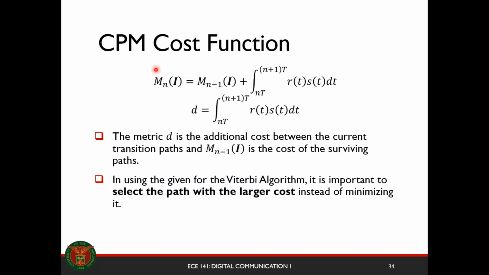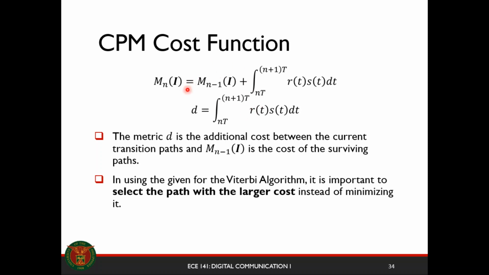The current value of the cost function is equal to the previous value of the cost function plus the current value, D. Okay? So D represents the incremental or additional cost by traversing between the transition paths at Mn minus 1 to your new state. It's kind of similar to decoding the D flip-flops, where your cost would just accumulate over time.